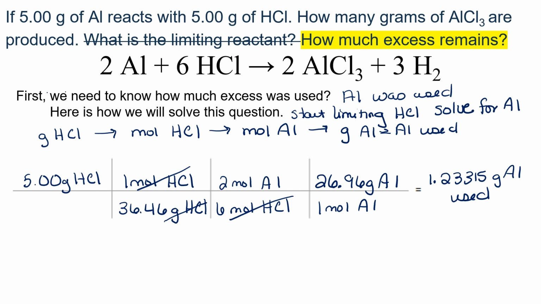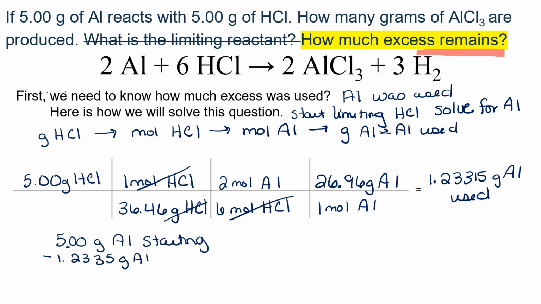But it's asking me for what remains. So to figure out what remains, I need to take how much I started with. So I started with 5 grams of aluminum was my starting mass. I'm going to subtract the 1.2335 grams of aluminum that I used.